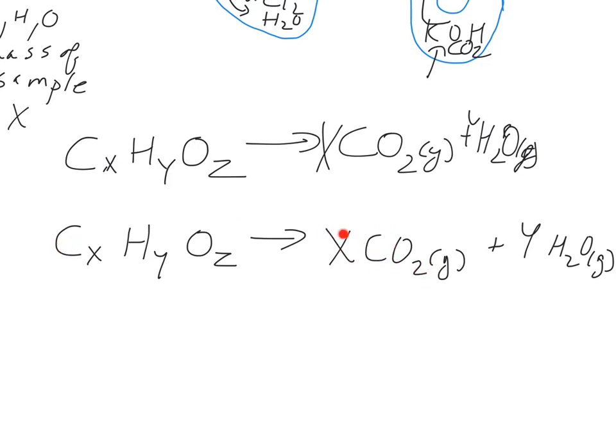So if I produce X moles of carbon dioxide, then I had X moles of carbon in my initial sample. Hydrogen's a little bit more difficult. It takes 2 hydrogens for a molecule of water. So if I have Y moles of water over here, then I actually have Y divided by 2 moles of water being produced. But once again, I can say with a great deal of assurance that any hydrogen in my water came from my sample.